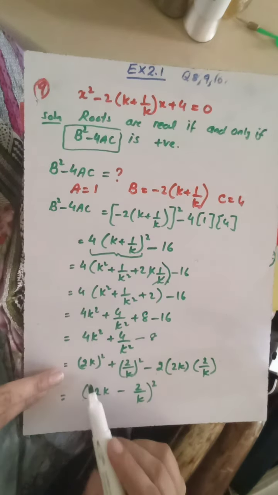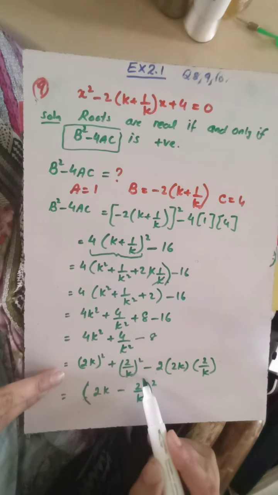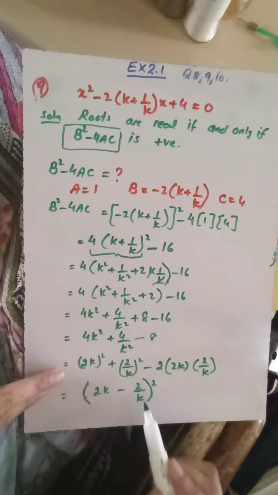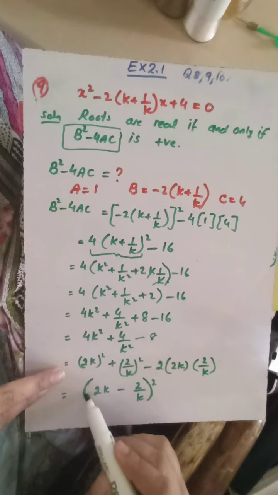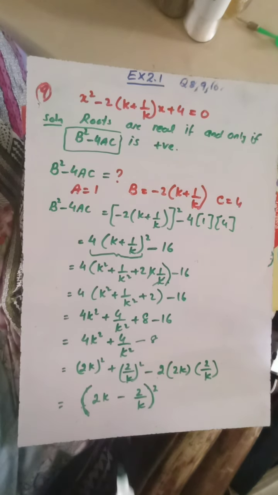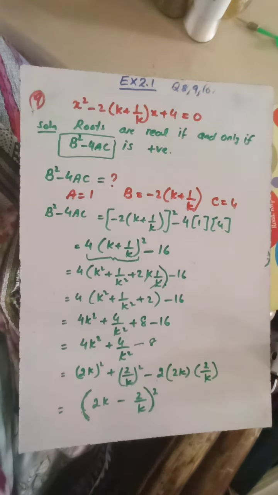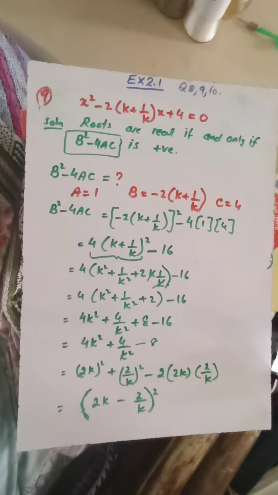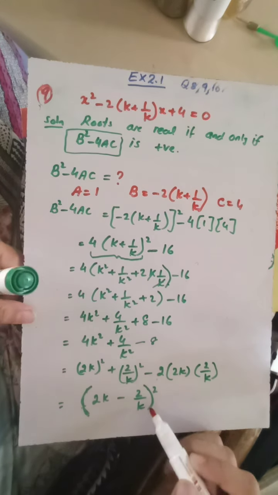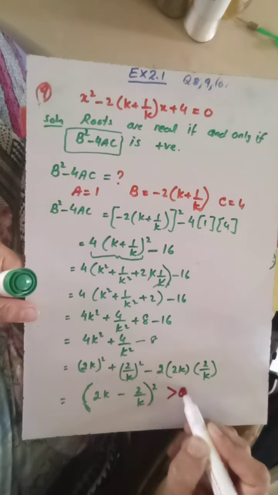Now we know that this discriminant is equal to 2k minus 2 over k. Now whatever the value inside the bracket is, we know that this value can never be a negative number. This is always greater than 0. Why?